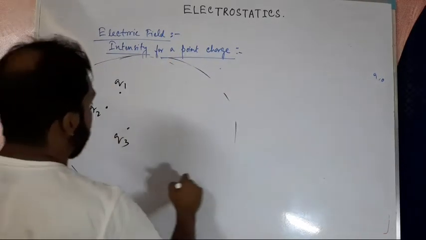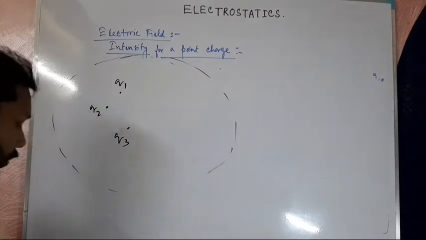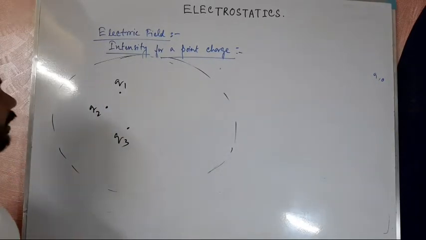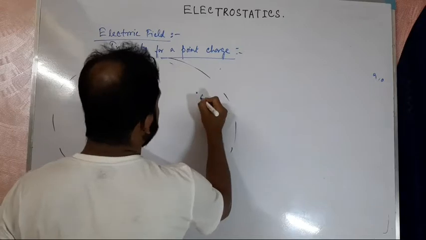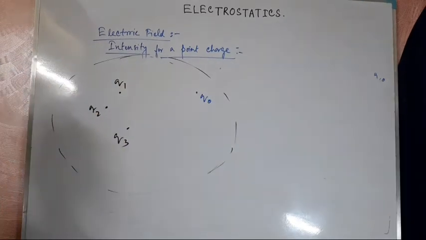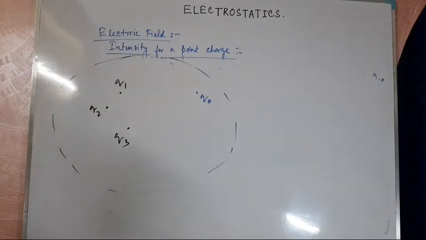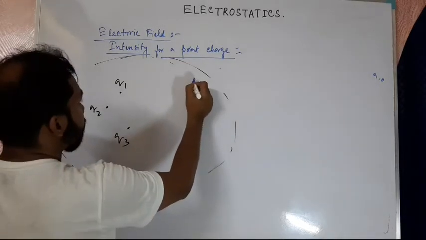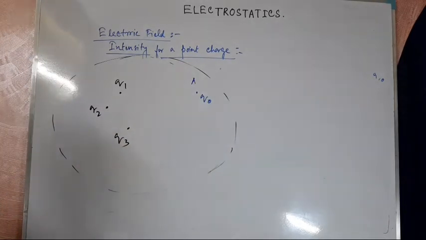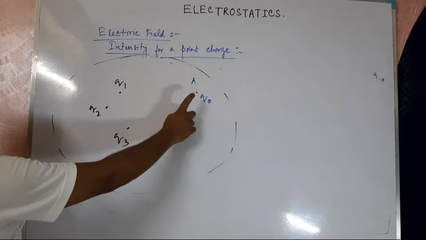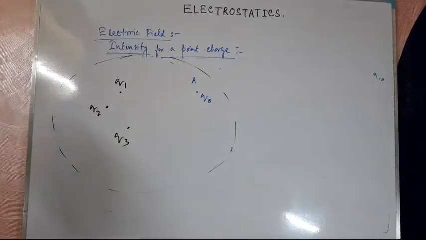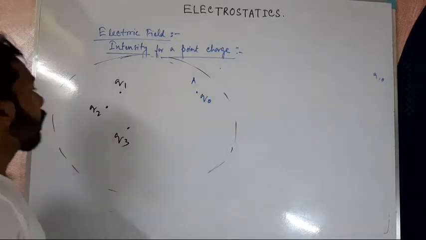We bring a test charge from outside into that field at a certain position. Let the point be A. Let us put the test charge at point A. Now we have to find the electric field intensity at A. This is our problem. How do we solve it?